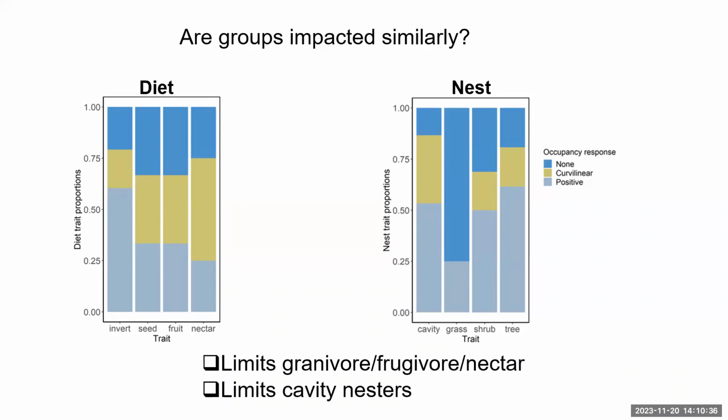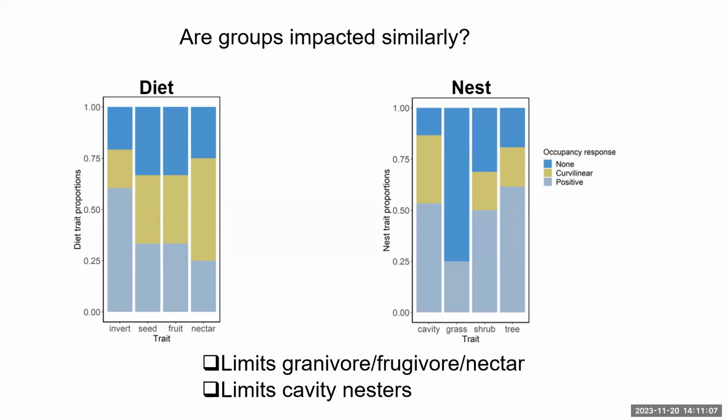The light blue indicates positive responses, so the species are increasing in occurrence. Again, for the curvilinear response, that olive color indicates those species that were peaking. So those exhibited strong peaks, meaning they started declining with increasing shrub cover. Then blue at the top indicates no response.